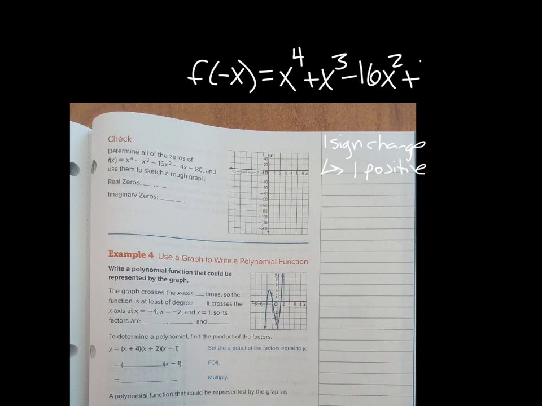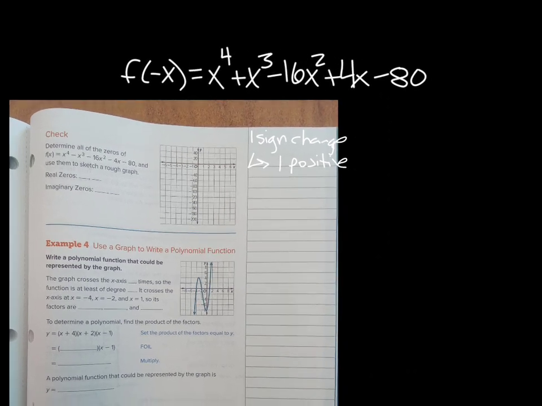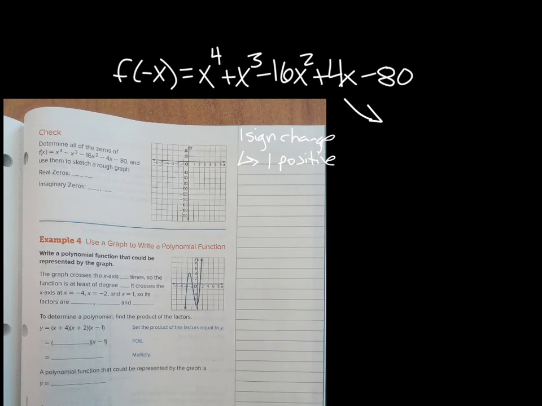Yes. And then if there's no variable, it never changes. So how many sign changes are there? 2. Careful. I think there's 3, isn't there? Oh, 3, yeah. Okay, so then with the negatives, there's 3 sign changes.